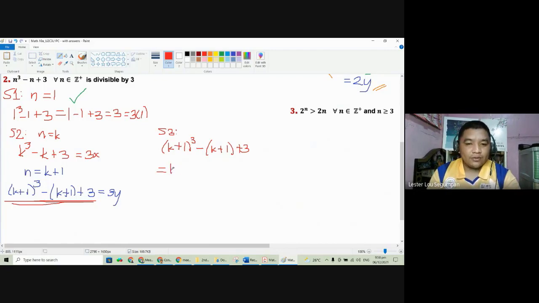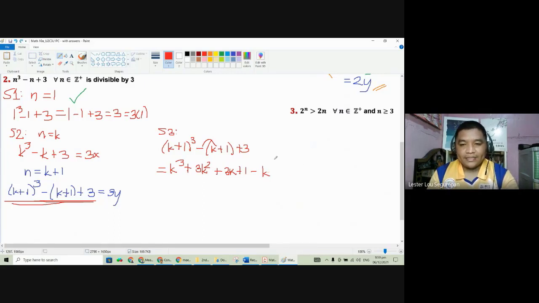This is equal to k cubed plus 3k squared plus 3k plus 1. This is just the whole expression of the cube of k plus 1. Minus, you have the next expression, k plus 1. Take note of the grouping symbol. Distribute that minus 1 here. And you have plus 3.